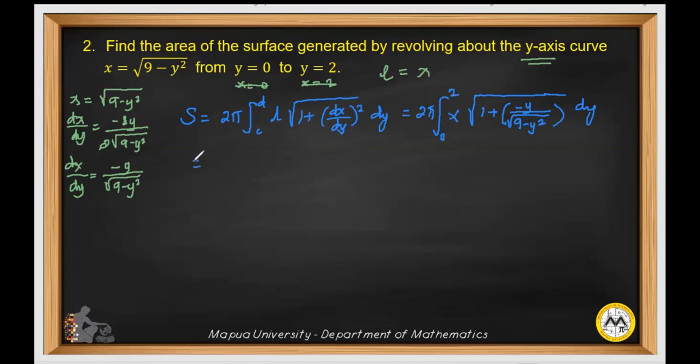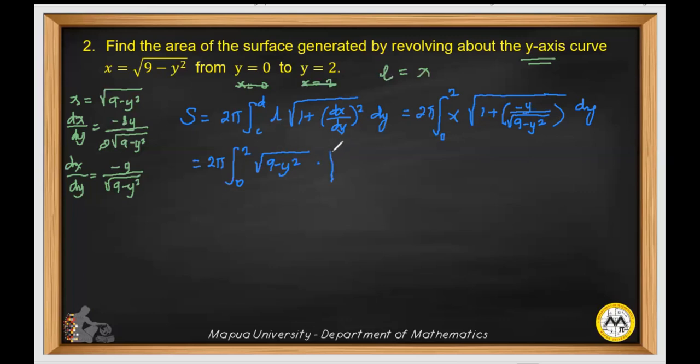Hence, the area of surface of revolution is 2 pi integral from 0 to 2 of x. Since x must be written in terms of y, we have to replace x by the square root of 9 minus y squared. Take note that the variable of integration is y, so we have to write the integrand in terms of the variable y.